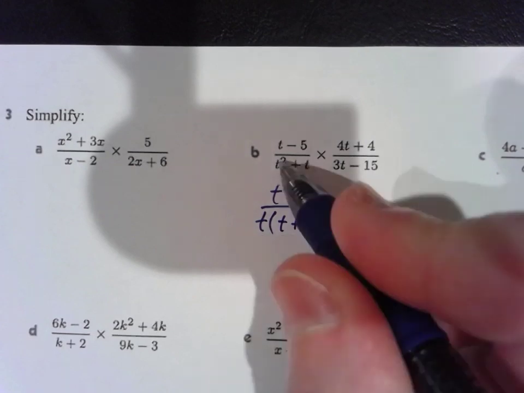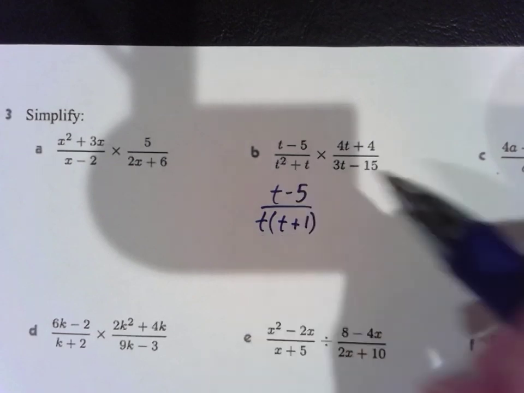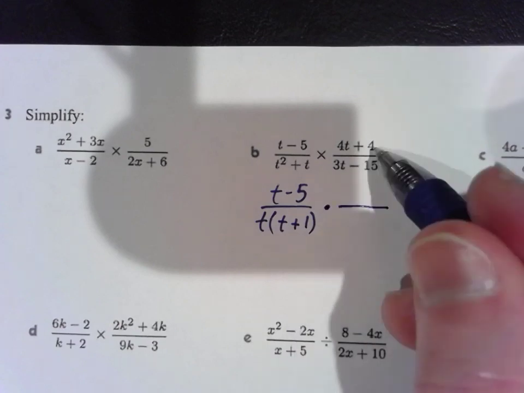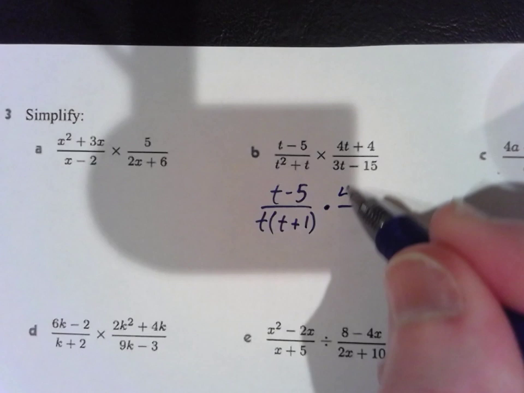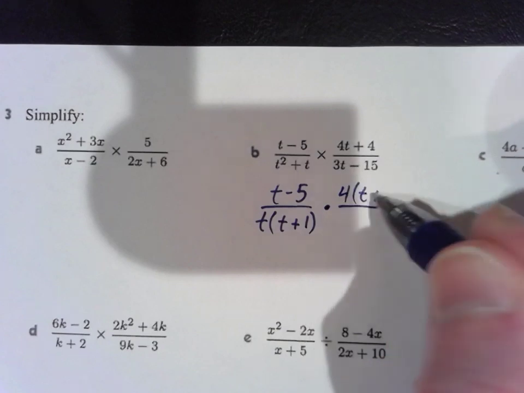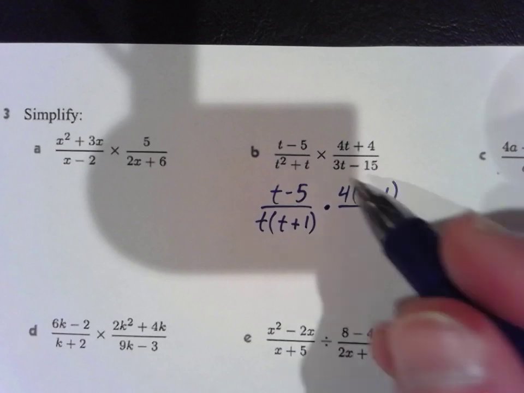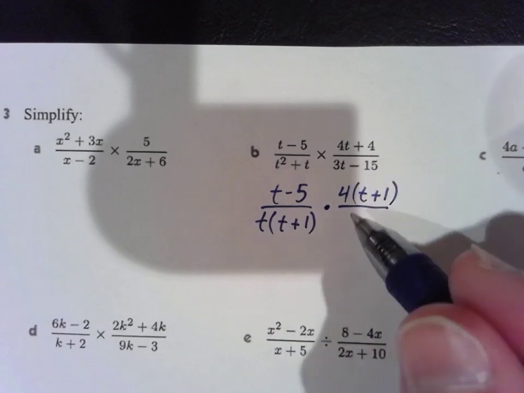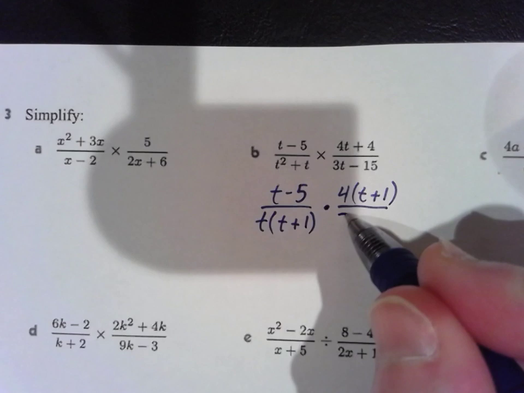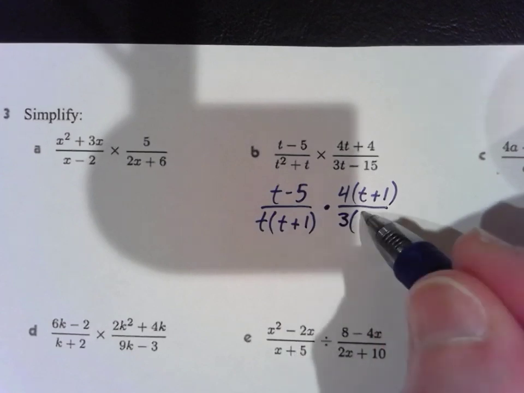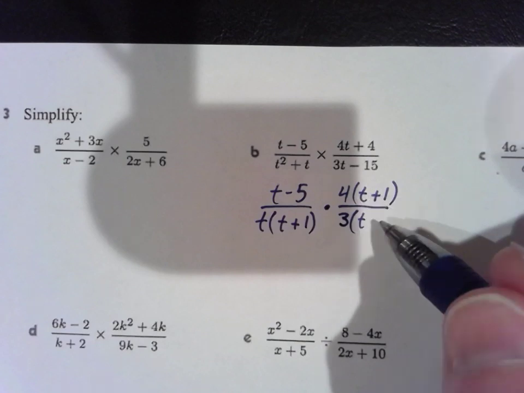The second fraction, 4t plus 4, there's a 4 in both of those terms, so I'm going to factor out a 4, leaving t plus 1. And then 3t minus 15, those can both be divided by 3, so I'm going to pull out a 3. 3 times t is 3t, 3 times minus 5 is minus 15.